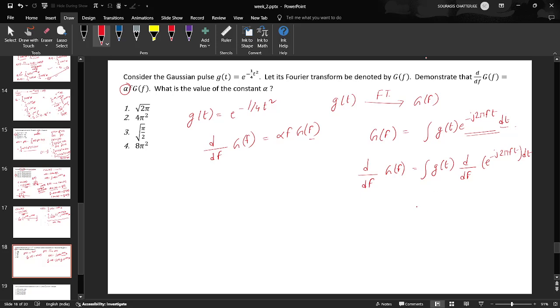and what we will end up having is minus j 2 pi, which will be common outside. Inside you will have g(t), you will have t also, e to the power minus j 2 pi f t dt.